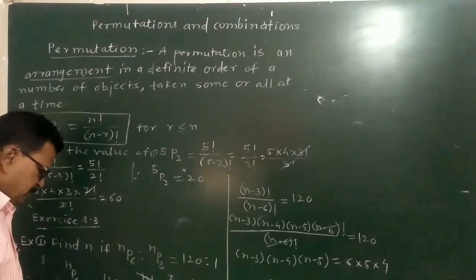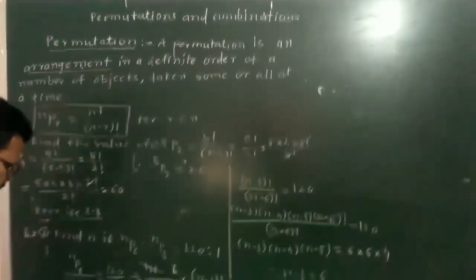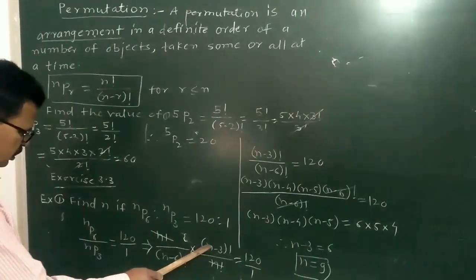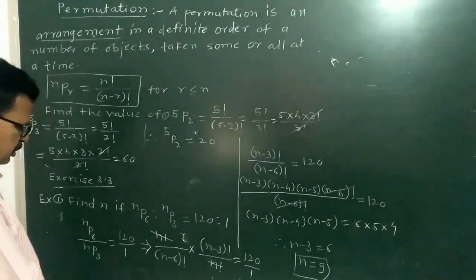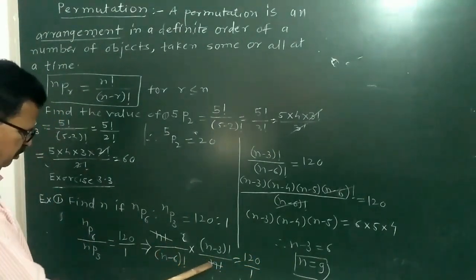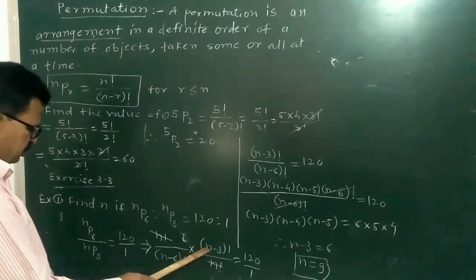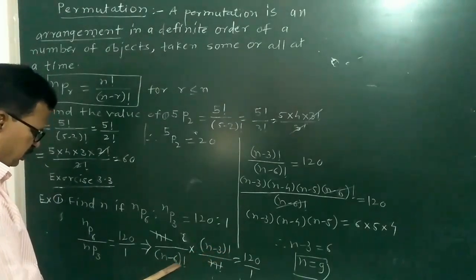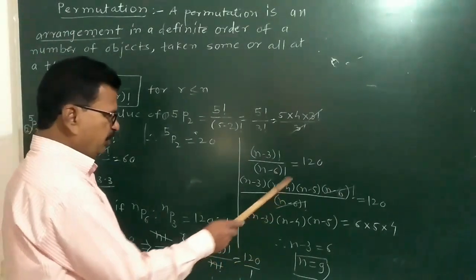This gives n factorial upon n minus 6 bracket factorial into n minus 3 factorial upon n factorial is equal to 120 upon 1. n factorial upon n factorial cancel. Remaining part: n minus 3 factorial upon n minus 6 factorial is equal to 120.